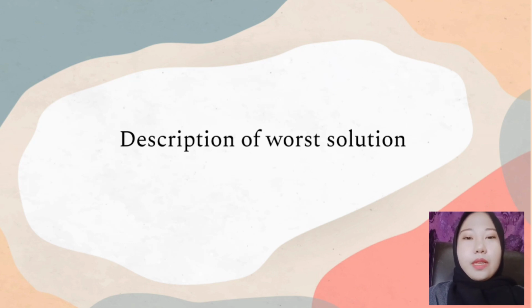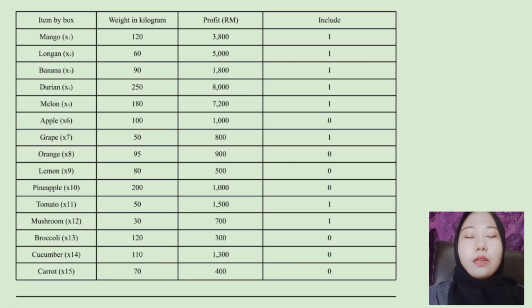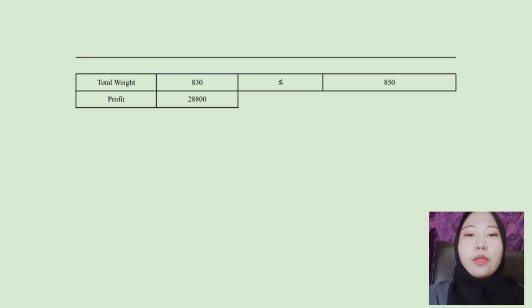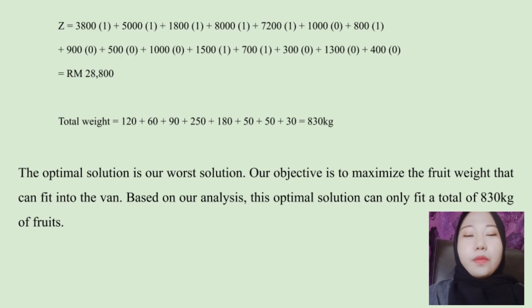I will explain about the description of the worst solution. As you can see in the data, the optimal solution is 28,800 ringgit and the total weight is 830 kg. This optimal solution is our worst solution.